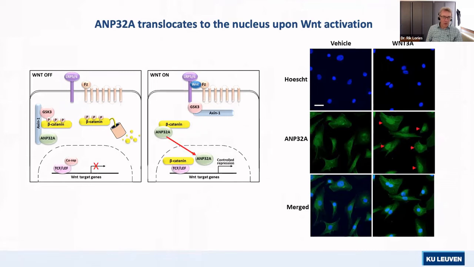Because in the presence of AMP32A, the response towards Wnt signaling is reduced as compared to the absence. So we thought, well, we touch here upon a new internal regulatory system that can limit the hyperactivation of Wnt signaling, which, as I told you earlier, is something that we consider a deleterious event.